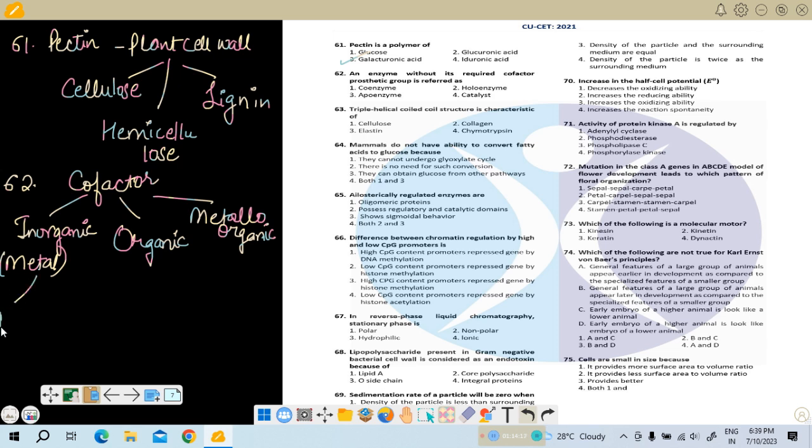Inorganic, we have metalloenzyme, then we have metal-labile enzyme. Organic comes out to be coenzyme and prosthetic group.